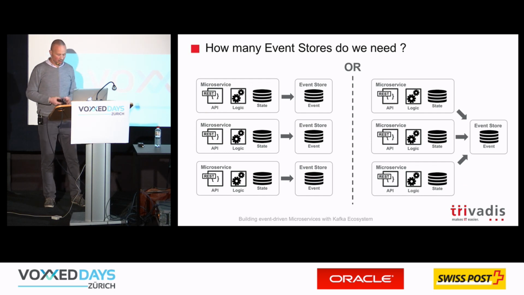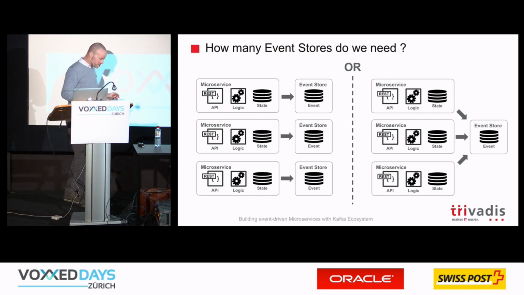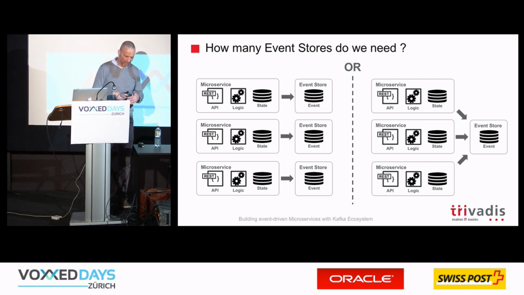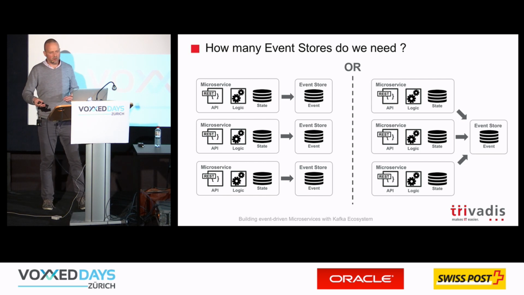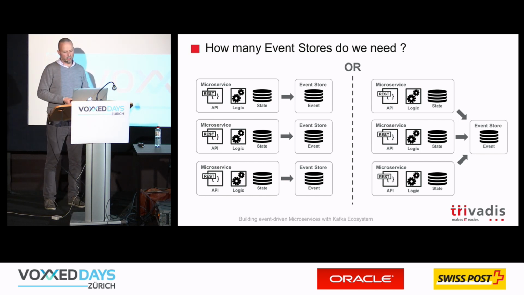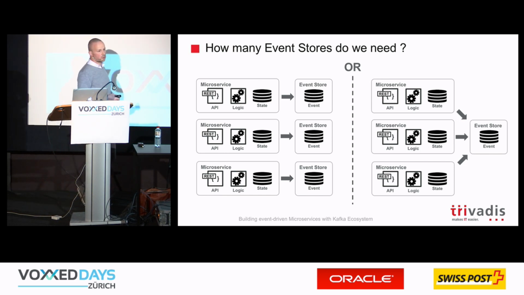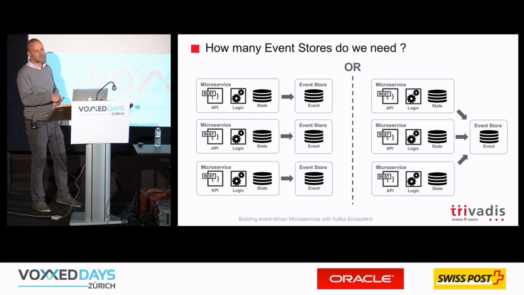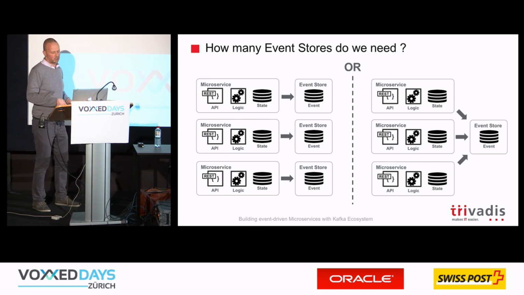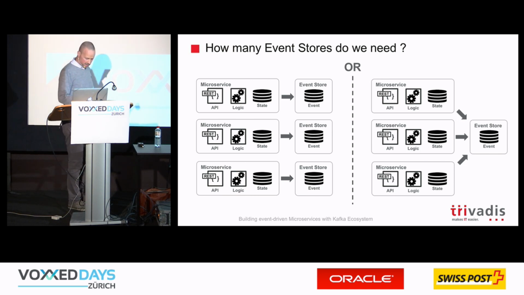And now from the concept of microservice where I said every microservice owns its own data, and other people say every microservice owns its own database, we could have the same discussion on event store level. Has every microservice its own event store? Or do we have one central event store available for all the microservices?